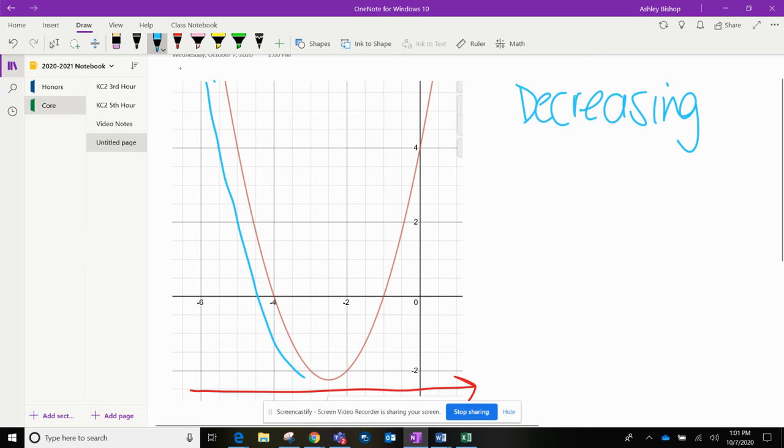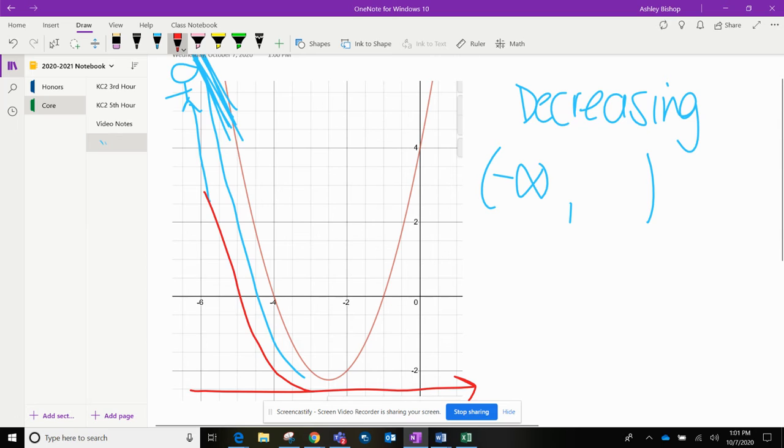From this direction I start, remember these are intervals. Intervals are start, comma, finish. I started decreasing all the way this way. And I remember my graph never ends and it's never not going to the left. So forever to the left, I came in from the left, forever to the left is negative infinity. That's all the way to the left. And I'm decreasing.